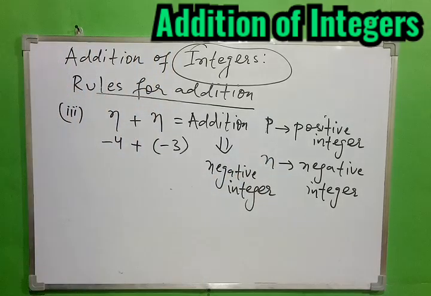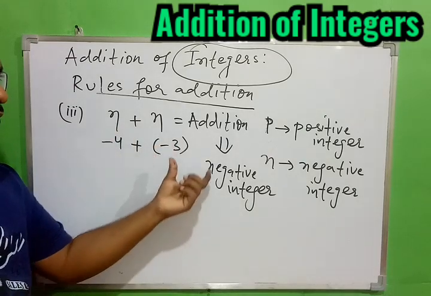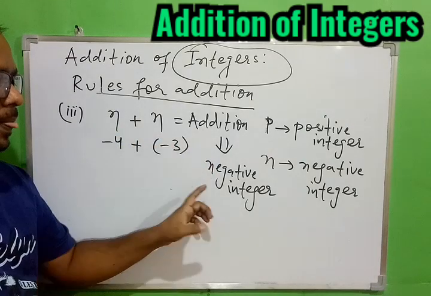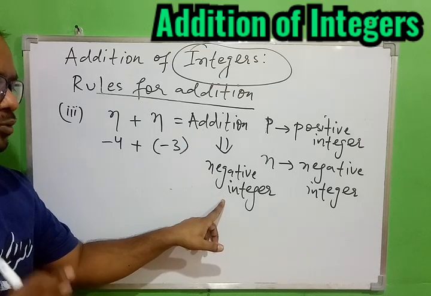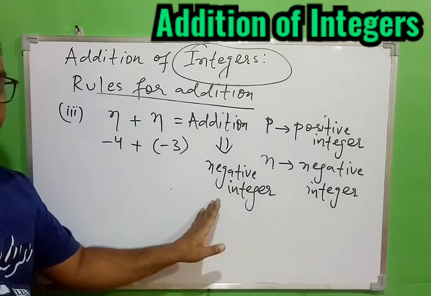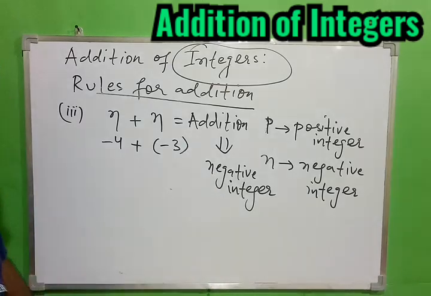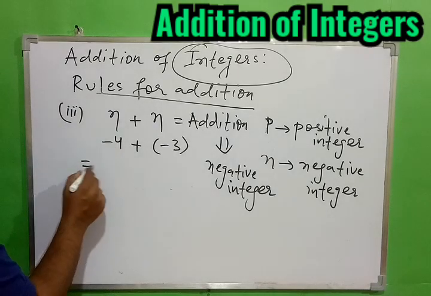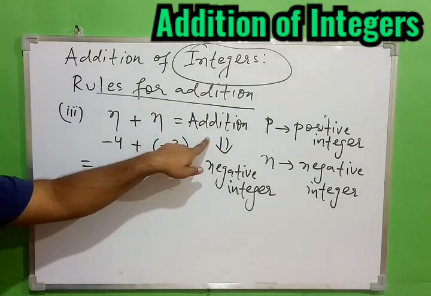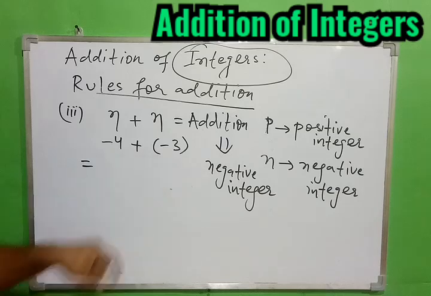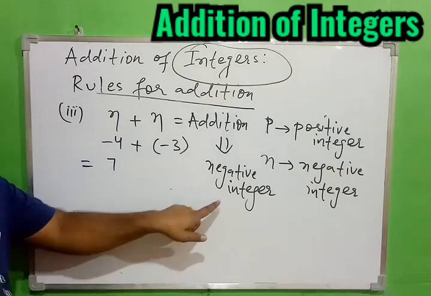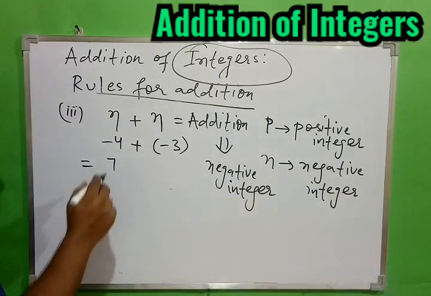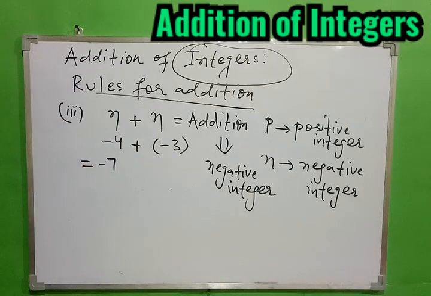Means by adding negative and negative integers, whatever answer we get, in front of that we again have to put a negative sign, that is, the answer will also be a negative integer all the time. So just take an example, here we have negative and negative, according to the rule addition, so 4 plus 3 is 7, and according to this rule it has to be a negative integer, put a minus sign, that's it.